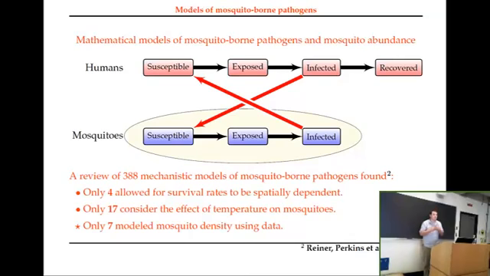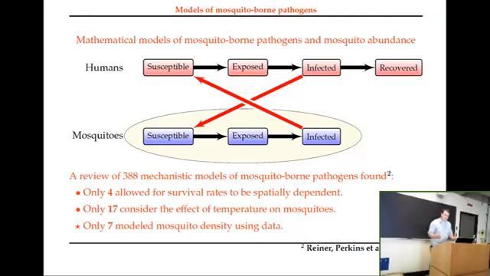And only 7 of the 388 models used modeled mosquito density using data. Now, it's not to say that people don't model mosquito or other insect density using appropriate population biology tools. It's to say that these tools have only 7 times been incorporated back into a mathematical model of mosquito-borne pathogens.